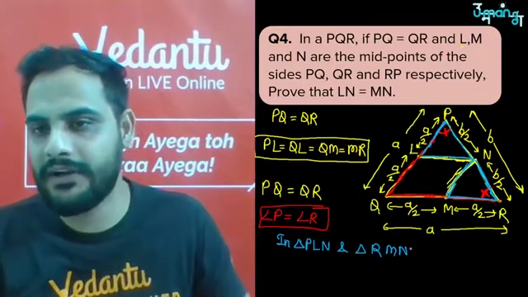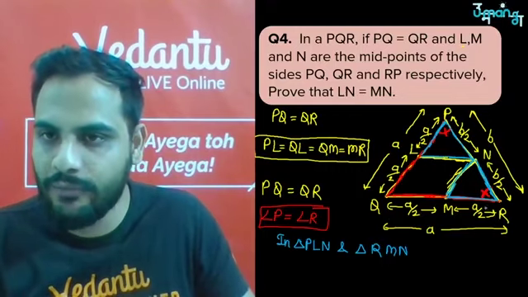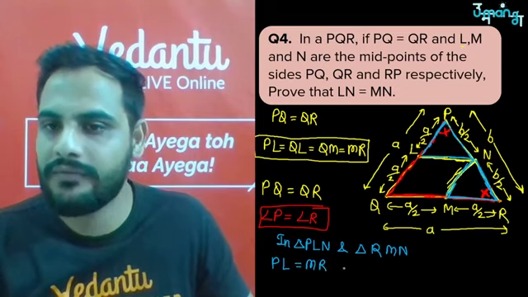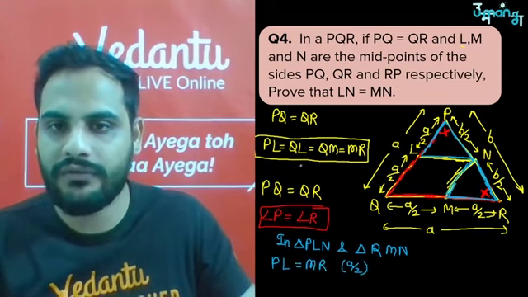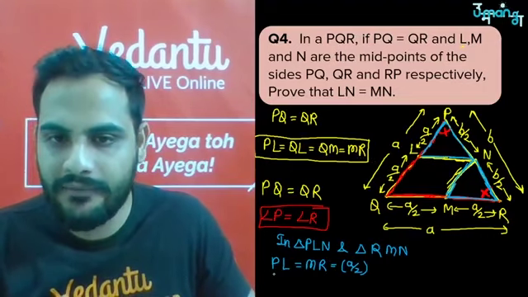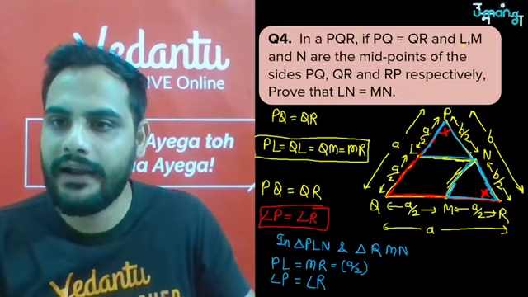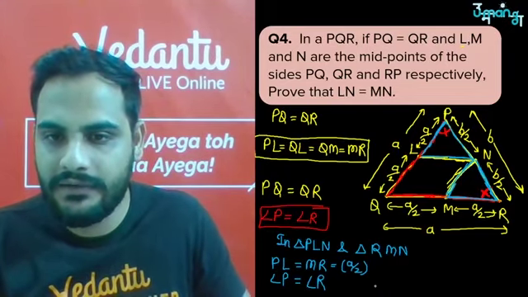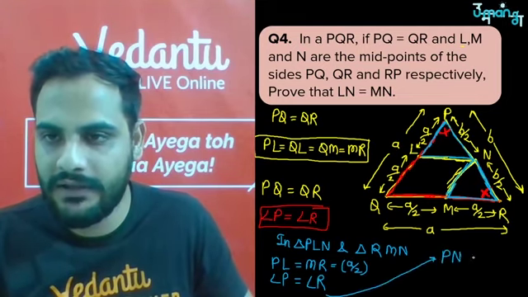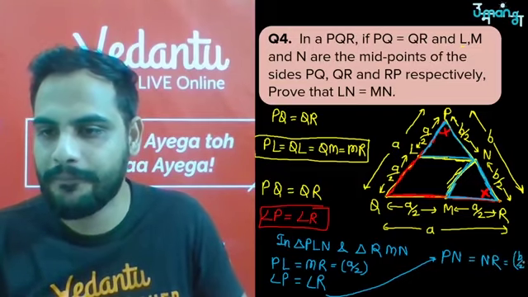First thing, beta, I can say one thing for sure, that PL is equal to MR, both are equal to A by 2. We have written here also. Then I can say angle P is equal to angle R, right? And then the third thing, PN is equal to NR, because N is the midpoint, both are equal to B by 2. Correct?